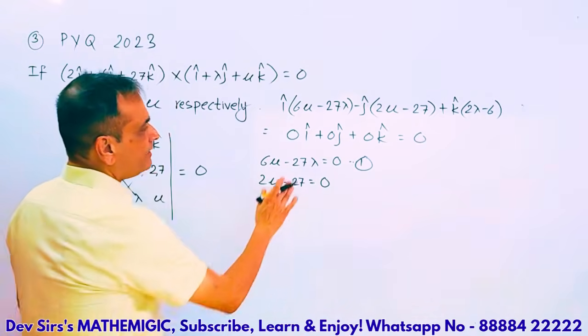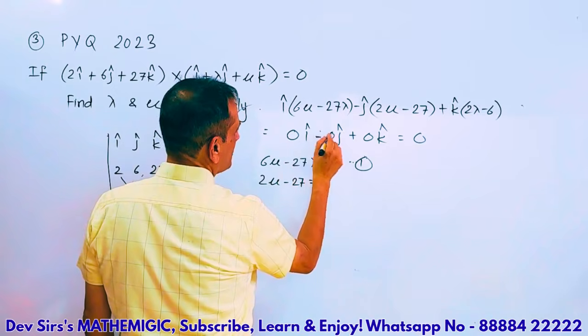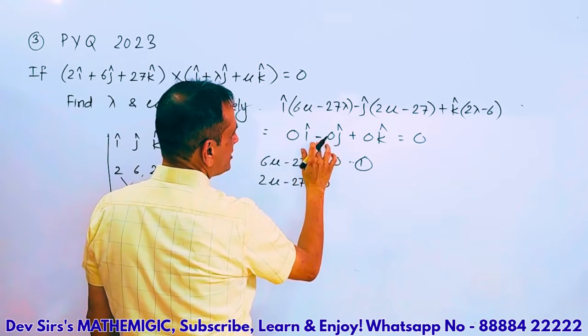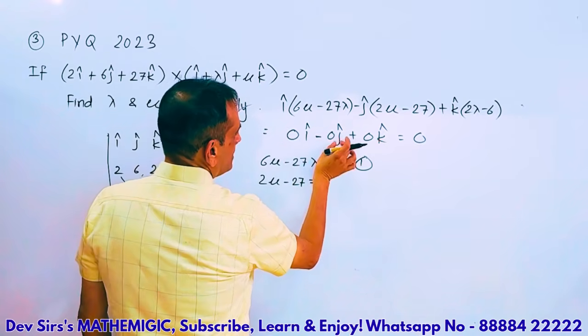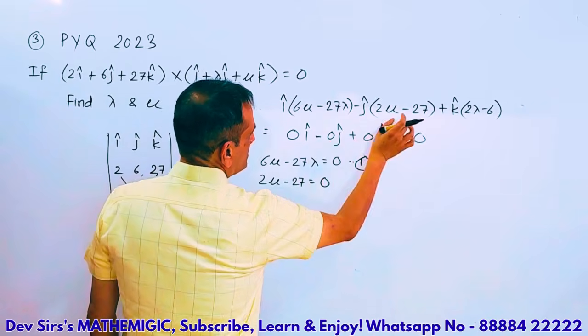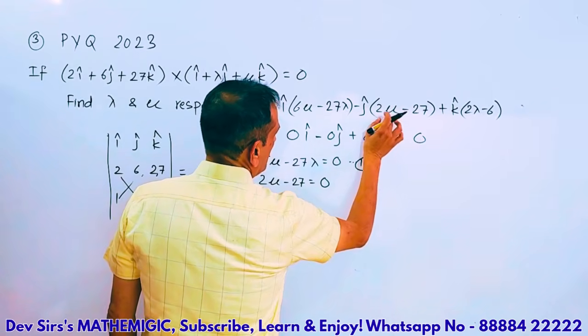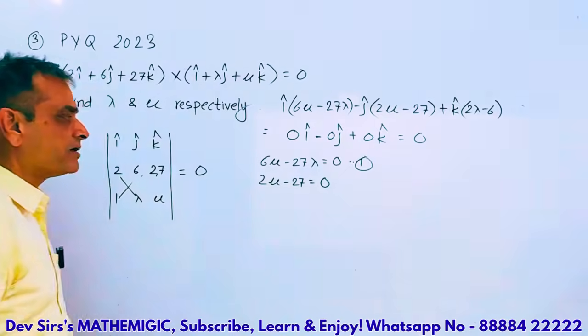If you want, you can write minus. It doesn't matter because 0 has no value. Write plus, write minus, directly. The coefficient of j is 0. The coefficient of j: 2 mu minus 27 equal to 0.